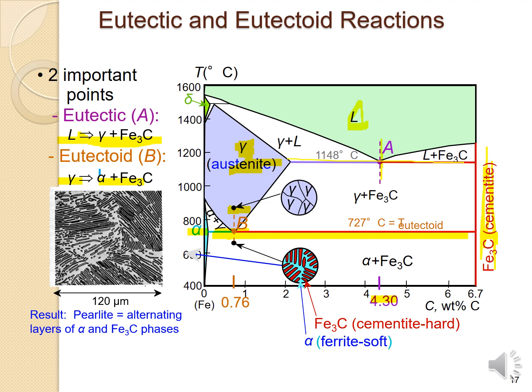We'll have the alpha phase, which is this blue region in this phase diagram, and the cementite, which is needle-like, but also forms alternating layers. Just like your eutectic microstructure, they have layered structures, and we have a name for it. It's called pearlite. Pearlite is alternating layers of soft alpha phase and hard, brittle cementite phase.